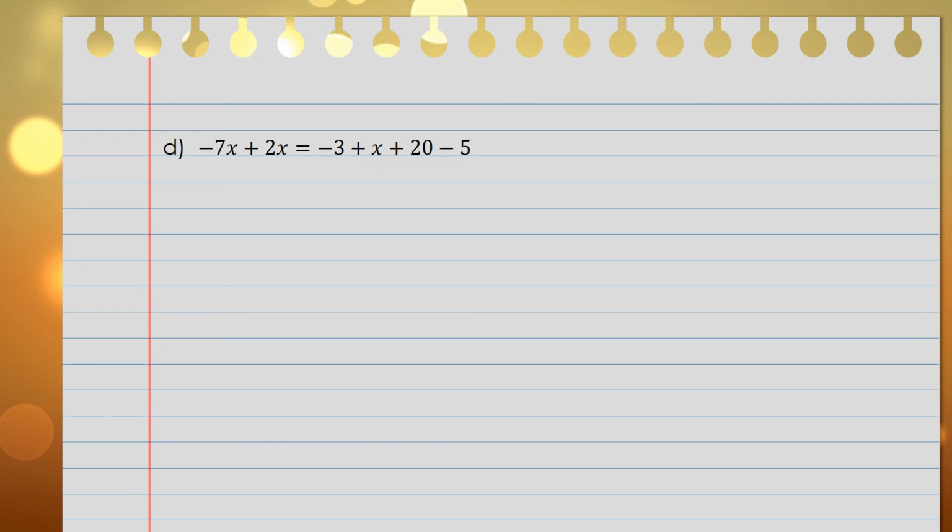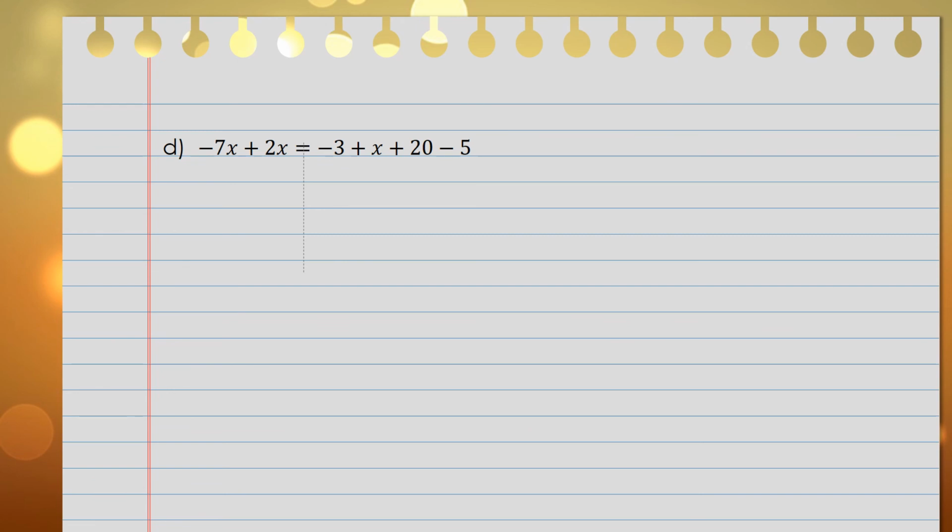For D, we have negative 7x plus 2x equals negative 3 plus x plus 20 minus 5. Again, draw your line at the equal sign. Now, step 1 says to use GEMS on each side individually, which simply means to simplify each side. Looking at the left side, notice you do have like terms.